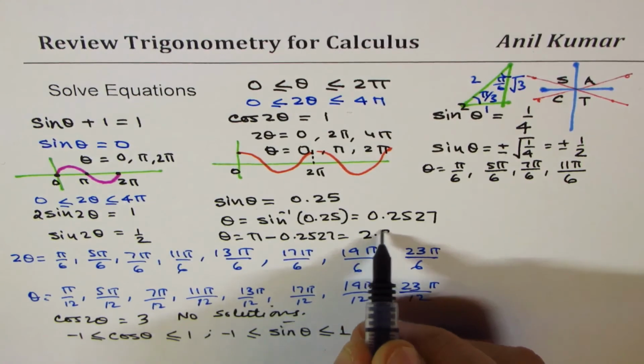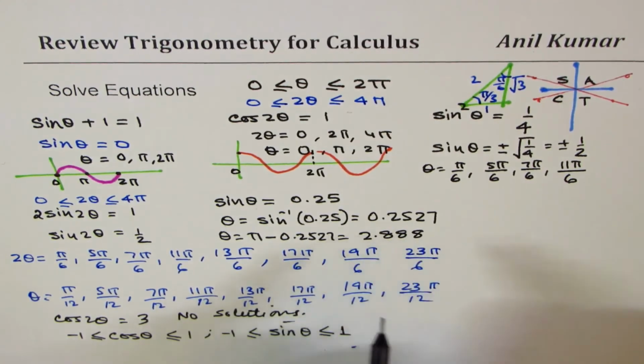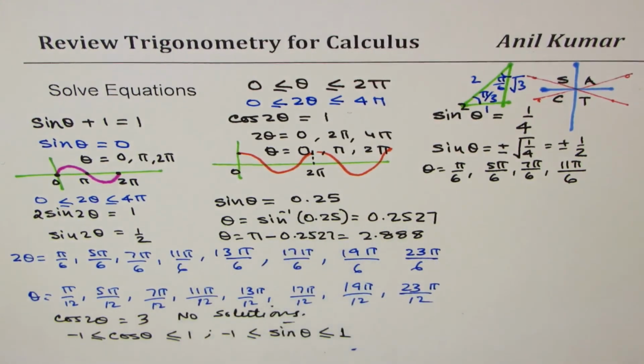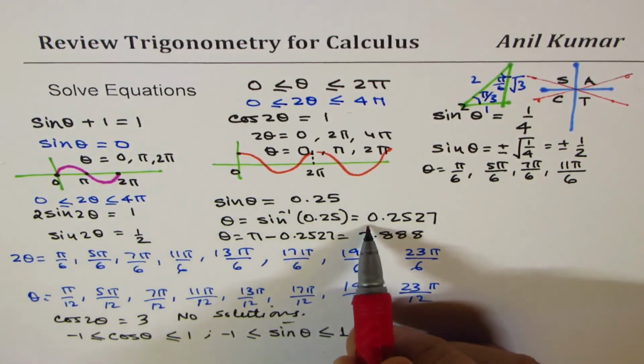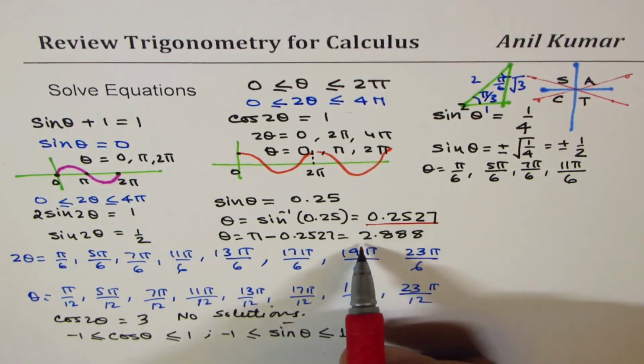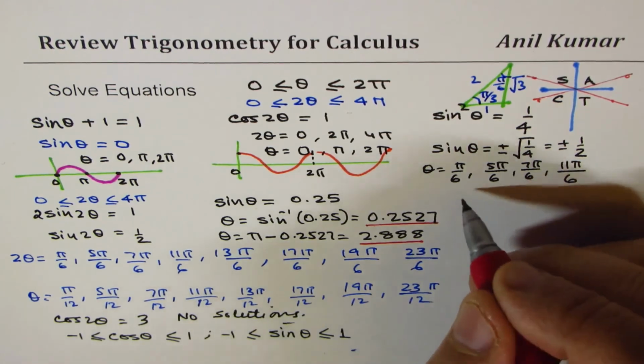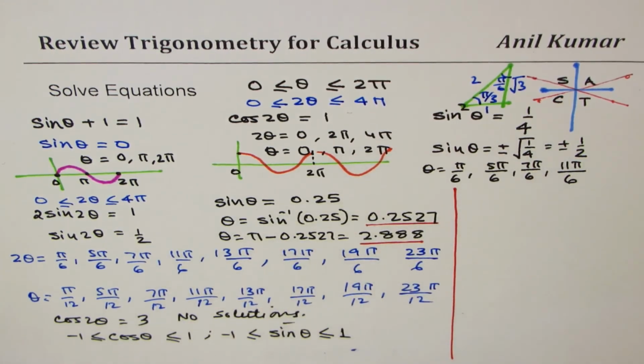So you get 2.888. So for sine theta equals 0.25, you get two solutions. One of them in quadrant 1, 0.2527, the other one in quadrant 2, right? So that is how you can use a calculator and find the answers.